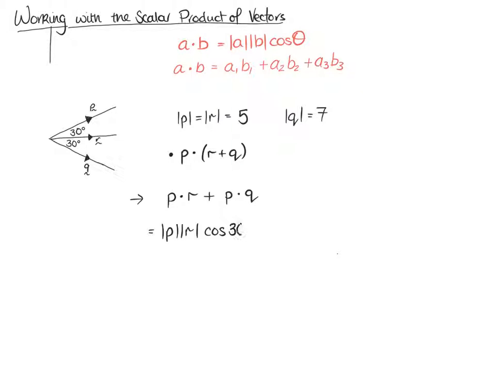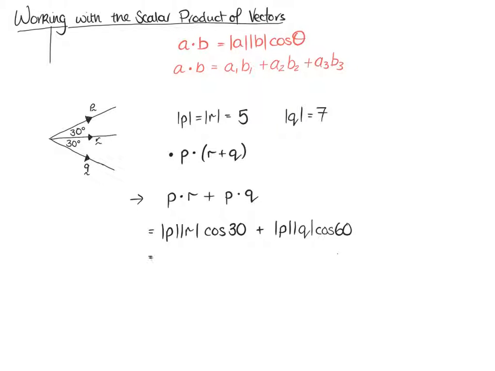So it's the cos of 30. Then we add the magnitude of P times the magnitude of Q times the cos of the angle between P and Q. P's here, Q's there, so that angle is 60 degrees because they're both going out from the same point. So that's times the cos of 60.